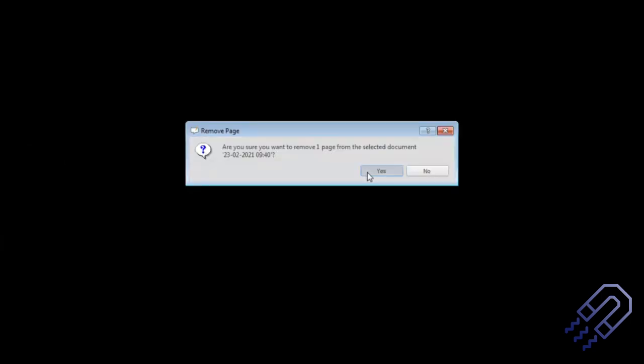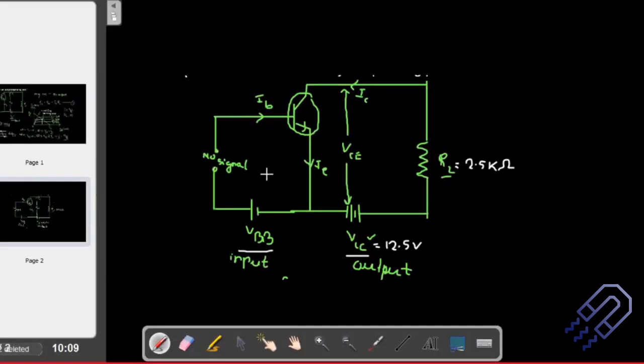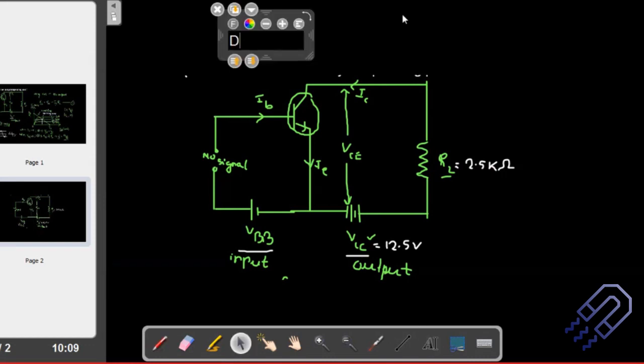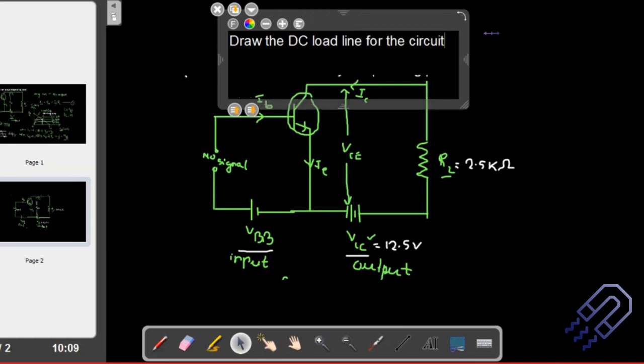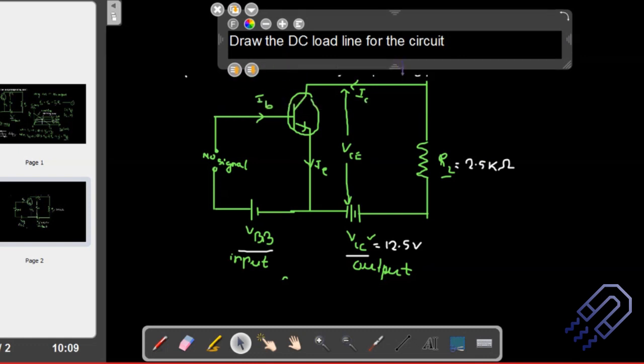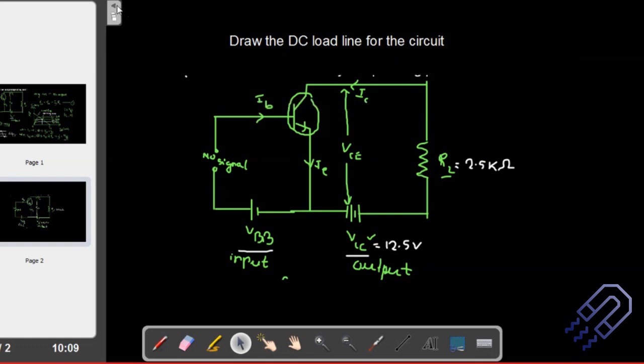So this is the question that you have. Draw the DC load line for the circuit. It's not that you need to draw it to scale. That's fine. If you just find the values and plot them as a graph, that's all.